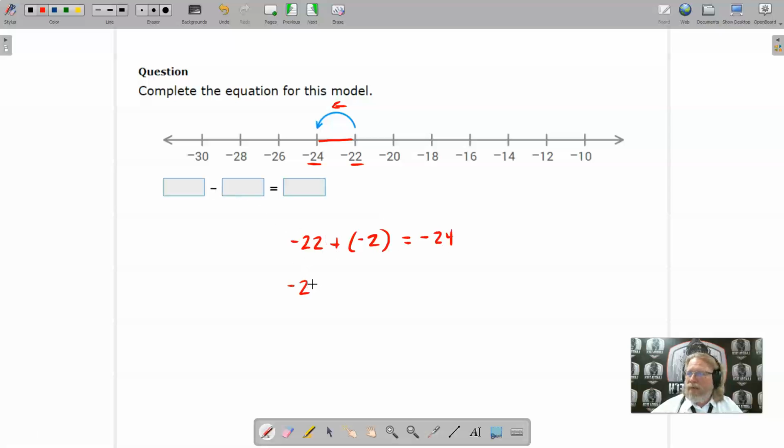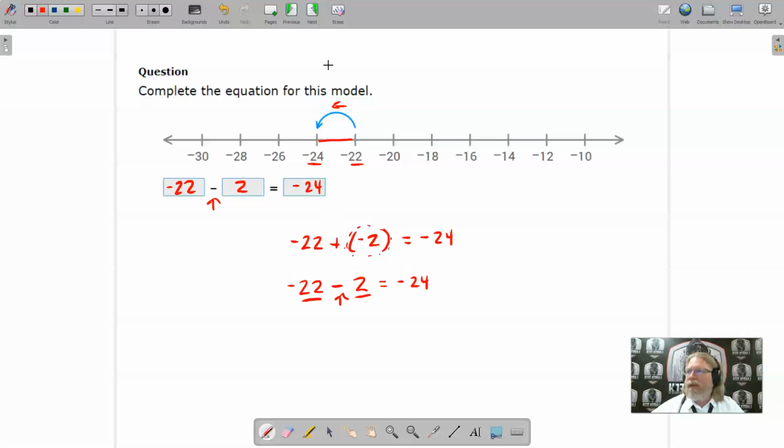Keep the first number, change the sign, take the opposite of the number that follows, so the opposite of -2 is +2, and it's still going to equal -24. So let's fill in all of our blanks, -22, and the subtraction sign is already there for us. We have a +2, and it equals -24.